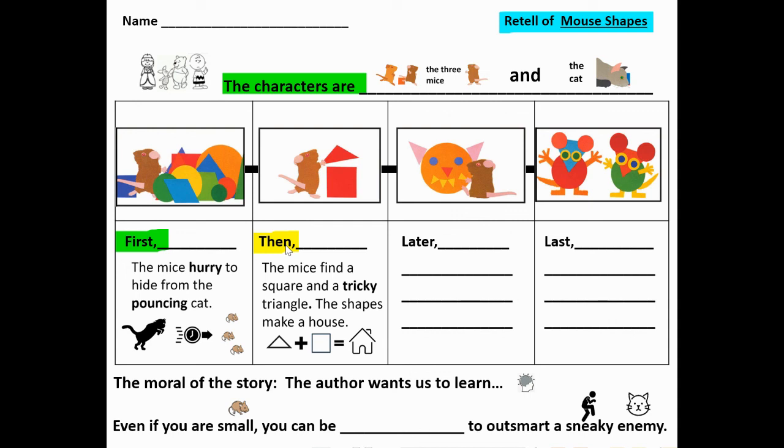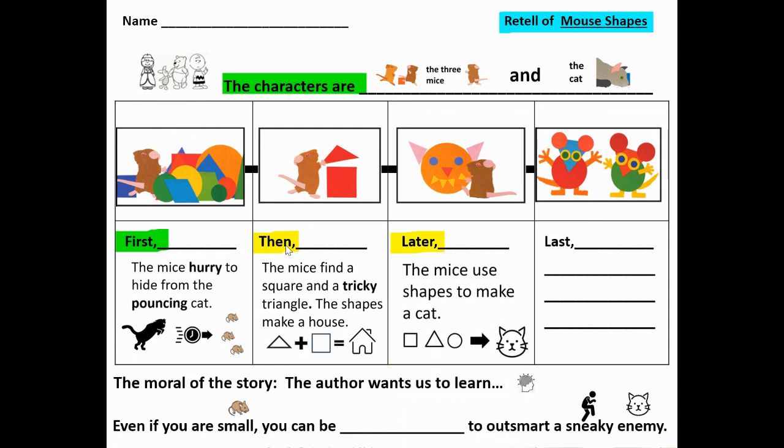The shapes make a house. Later, what do the mice build? Well, later, the mice use shapes to make a cat.